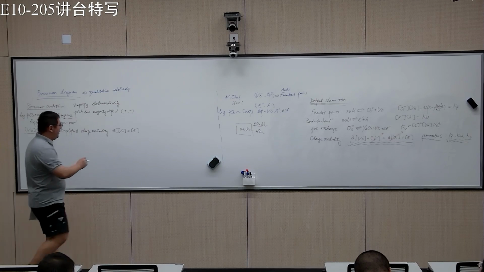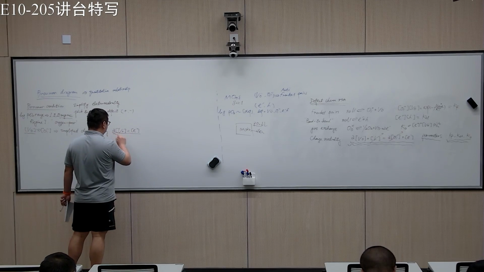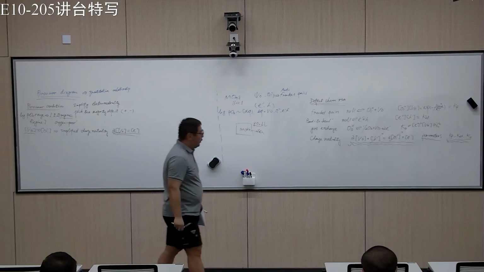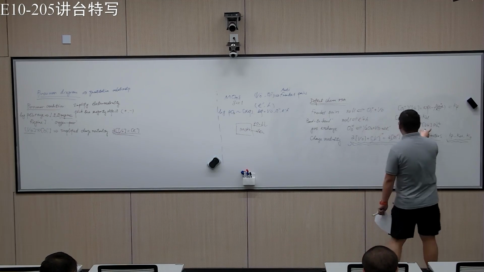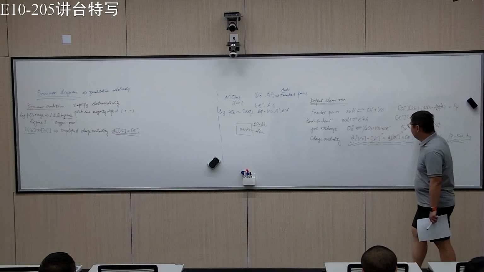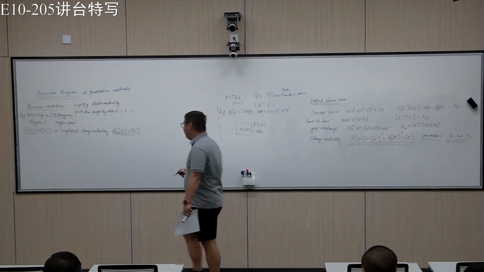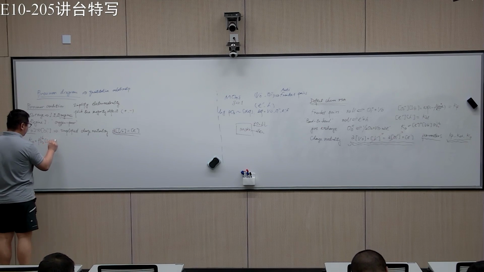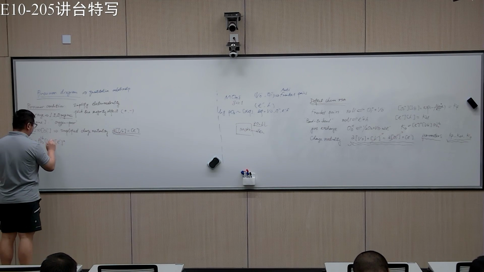Once we have this, the problem is solved, because we can just plug this into this equation here. So basically, I say Ko is PO2 to the 1/2 times oxygen vacancy times electron squared.